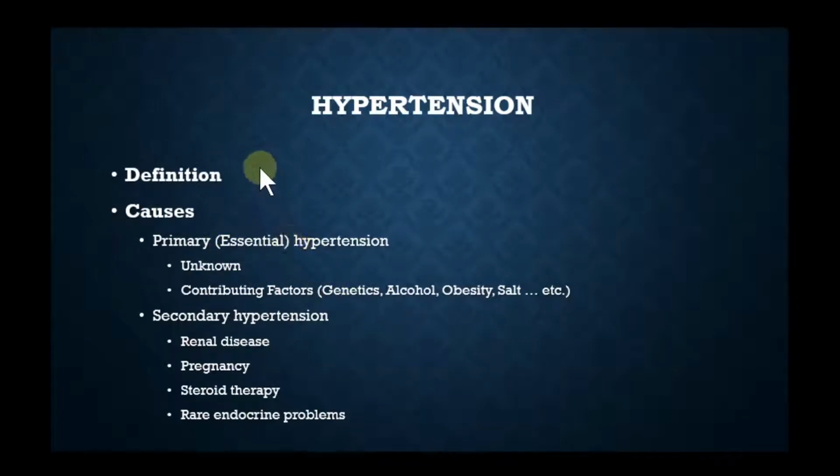On the other hand, secondary hypertension is where the underlying disorder that causes the hypertension is known. For example, if patients have renal disease, sometimes pregnant patients, long-term steroid therapy, or sometimes rare endocrine problems like Cushing syndrome or pheochromocytoma. These can cause secondary hypertension.